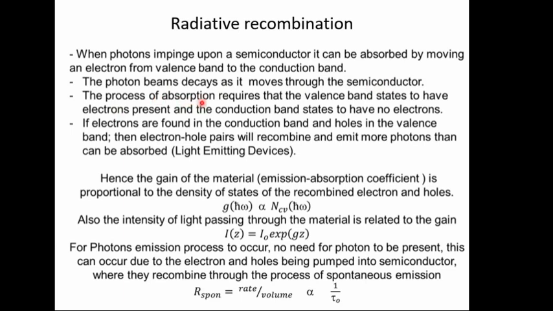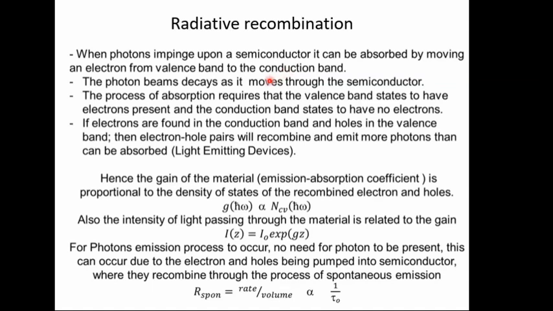The process of absorption requires that the valence band state has an electron present and the conduction band state has no electrons. So when we impinge light on the semiconductor, it causes the electron sitting in the valence band to be absorbed into the conduction band, going from valence up to conduction.